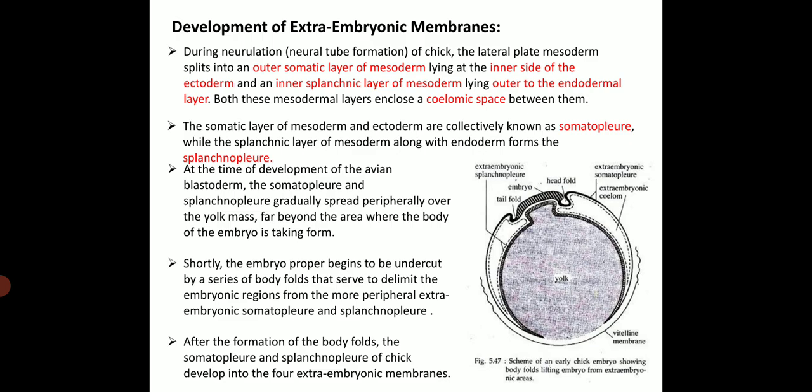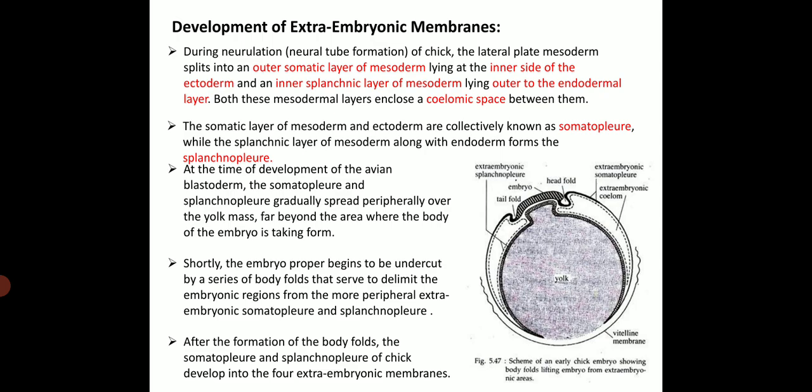Here in this picture, you can clearly see the presence of the embryo. Shortly, the embryo proper begins to be undercut by a series of body folds that serve to delimit the embryonic regions from the more peripheral extra-embryonic somatopleure and splanchnopleure.